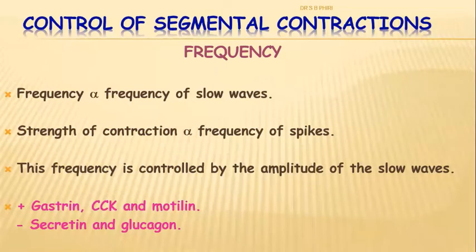So down here, you have some of the hormones that are stimulatory to the segmental contractions. You can see the first one there is gastrin hormone, of which we said most of this gastrin is produced in the antrum of the stomach. The antrum of the stomach does contain the G cells, then a bit of the duodenum. The duodenum can also have a bit of G cells that are producing gastrin.